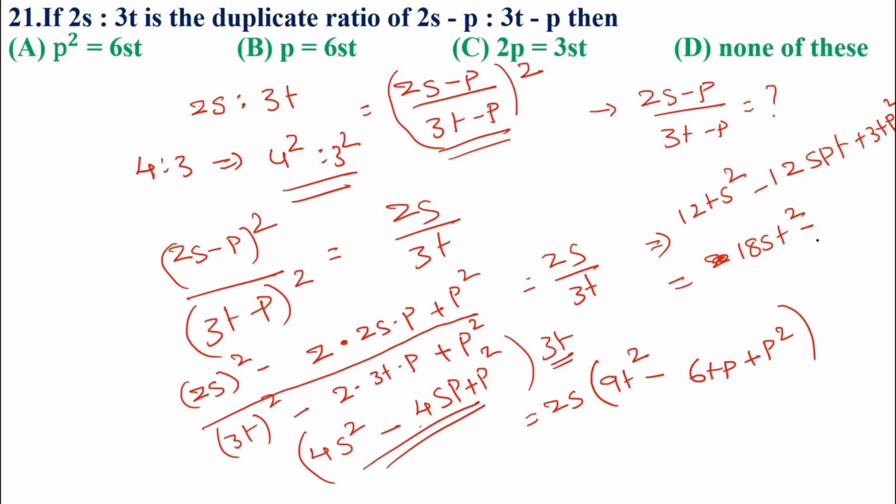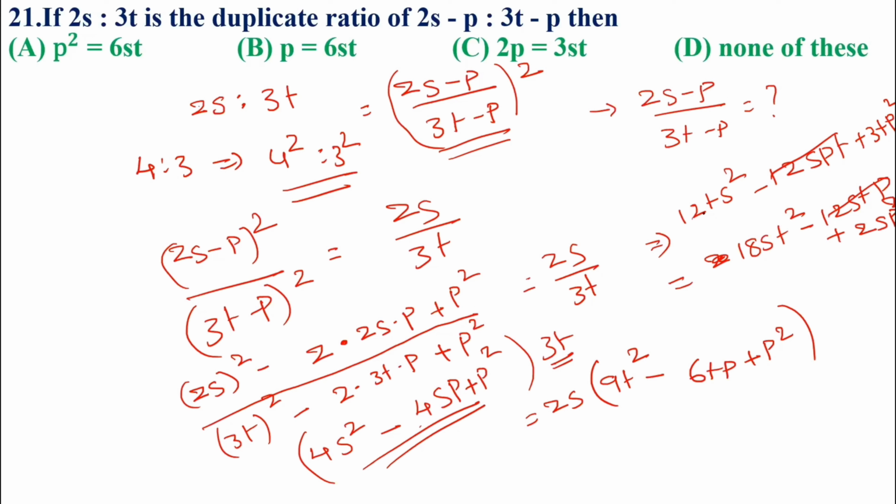minus 12 stp plus 2sp square. If you take this one, minus 12 stp and minus 12 stp cancel.